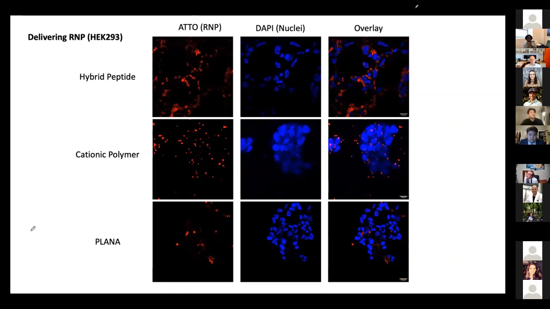Desmond, is there a reason why the hybrid peptide is the most efficient or effective at delivering? These peptides were specifically designed for our project, so I assume that's why it was the most effective in delivering our ribonucleoproteins to our HEK293 cells.